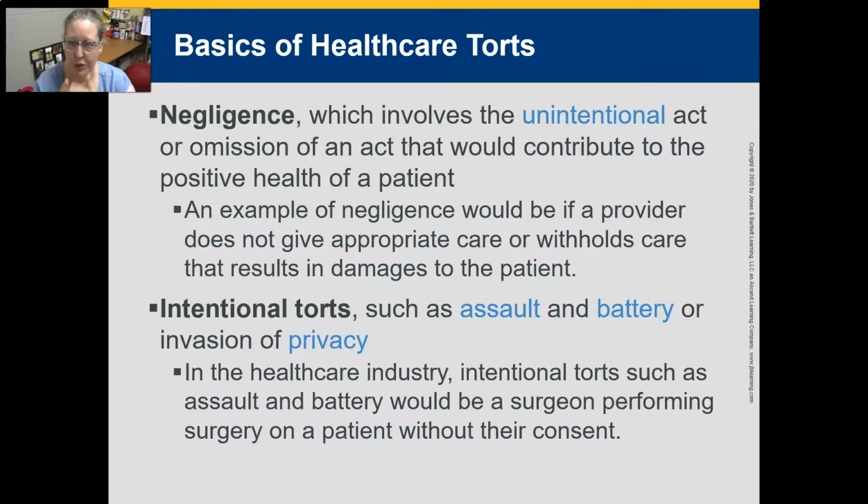So either the procedure that was supposed to be done is not done correctly and there's harm. Sometimes, when you're having a procedure, there are risks that are involved in it. The physician tells you that, right? You can have bleeding, or perforation of an organ or something like that if you're having a certain procedure.